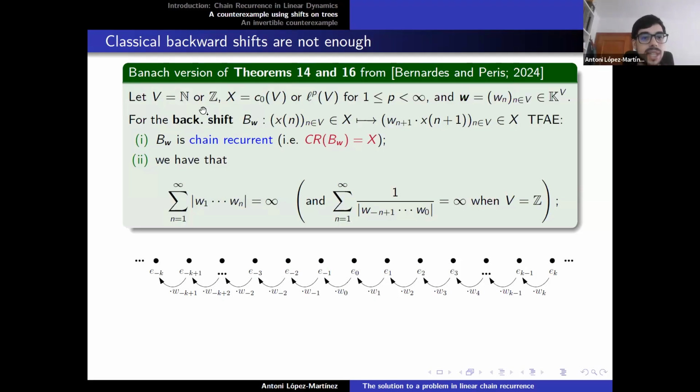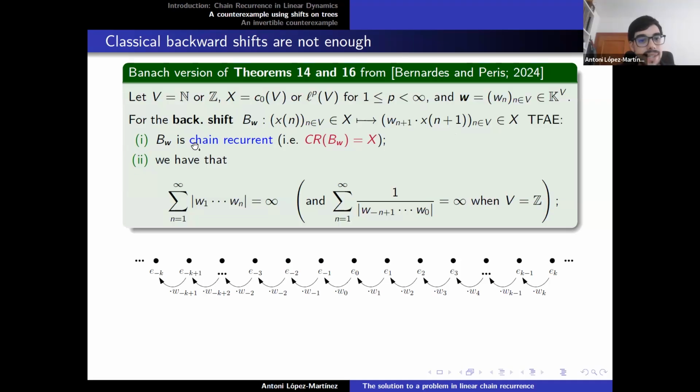If you consider B as N or Z, unilateral or bilateral, and you take the c0 or the l^p spaces associated to this set B, then you fix w, a sequence of weights, and consider the backward shift, which simply sends the coordinate x_n to x_{n-1} multiplied by the corresponding weight. Then these two things are equivalent.